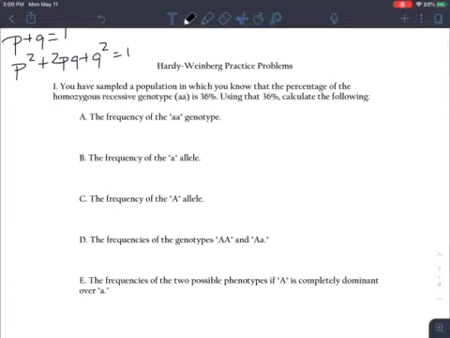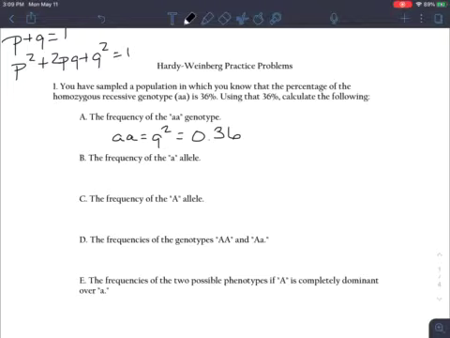So the frequency of my little a genotype, that's what it wants to know first. Well, little a, which is also known as q squared, is equal to 0.36. That's what our 36% is. Now, if you're good at mental math, great. If not, you can always use your handy dandy calculator.